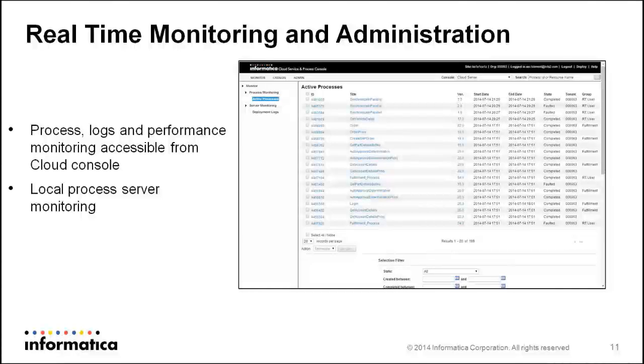You want to figure out what data is coming in and going out. This monitoring and administration console will help you with debugging, and from an administrative point of view, it's going to be a very convenient way to manage the environment.